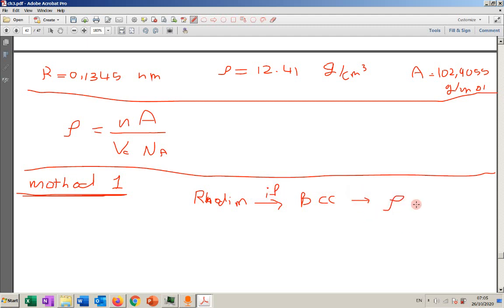If I know the crystal structure, I can calculate density. What if it is FCC? I still can calculate the density, yes? Now one of those 2 densities shall be equal to 12.41. This is one way of finding the crystal structure. We know that it will be BCC or FCC.